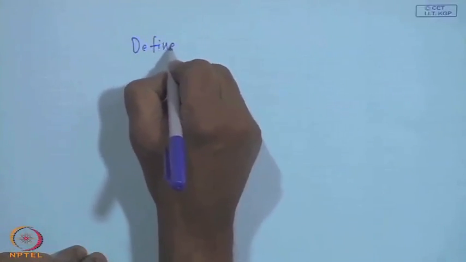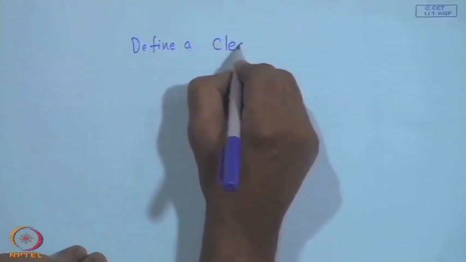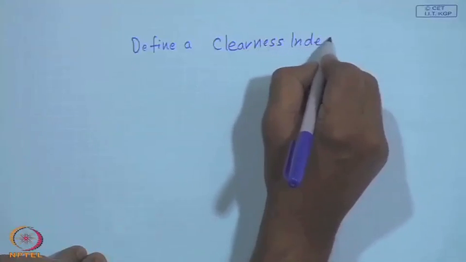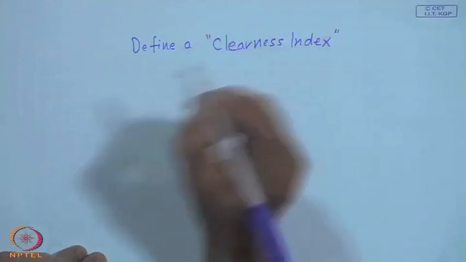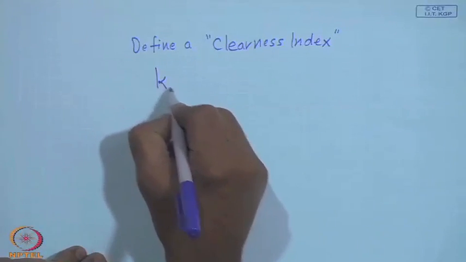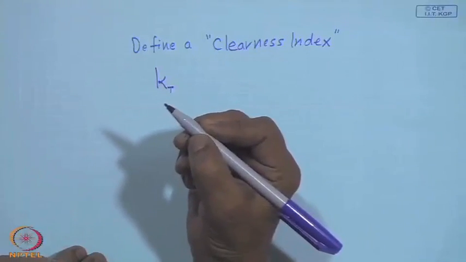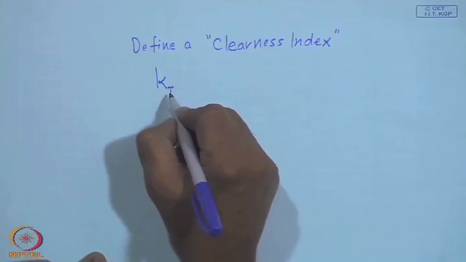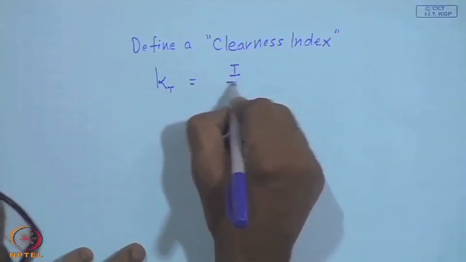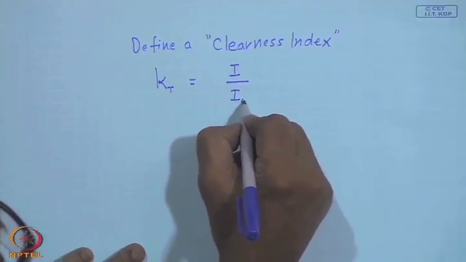Now, what they have done is define what is called a clearness index, or, again we have to follow the notation, small k t, which is I by I0.